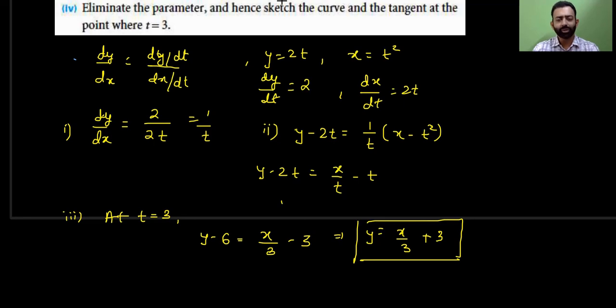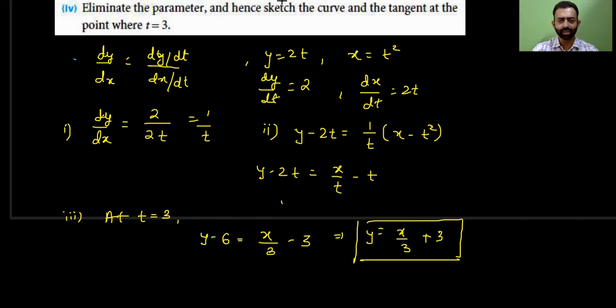If the coordinates of any curve are given in terms of some parameter, like in this case x is equal to t square and y is equal to 2t, then basically the parametric equation of the curve is given. If x and y coordinates are given to you, that means inherent in this is that the equation of the curve is given in terms of a parameter, right?